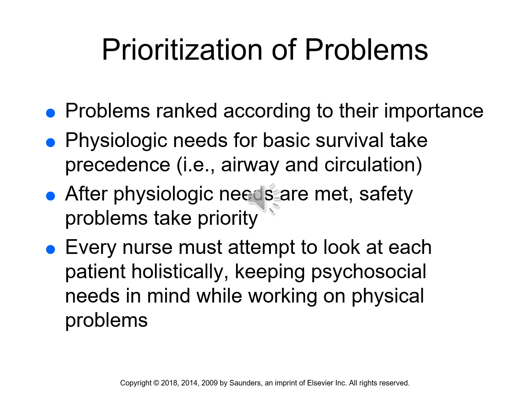Physiologic being the first level, if I'm having difficulty breathing, then I can't focus on anything else. You're trying to teach me about my new diagnosis of diabetes, but I can't focus on that because I'm having difficulty breathing. So that's one of our ways to prioritize, using Maslow's hierarchy of needs, to determine what our high priorities are among our nursing diagnoses.